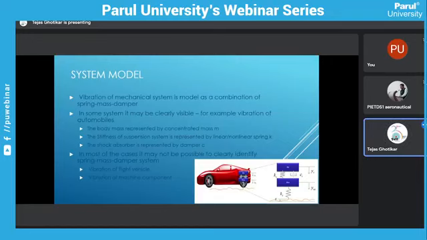Second one, how critical it is to measure the vibration, because we have different types of sensors. What is the accuracy or the precision of the sensor. That is the second thing we need to figure out.